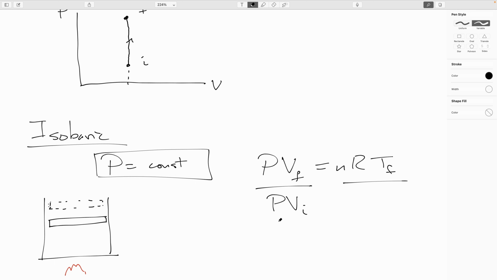No subscript for the P because it's not changing. V is changing now, so it gets a subscript. nRT initial. So again, we cancel out all of our common factors, and we are left with V final over V initial equals T final over T initial, which is Charles' law.